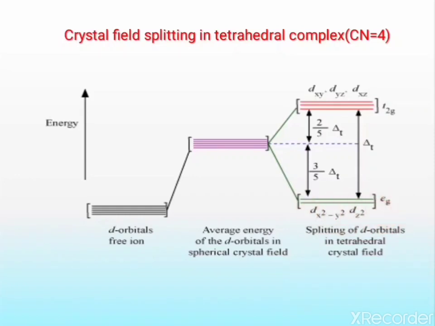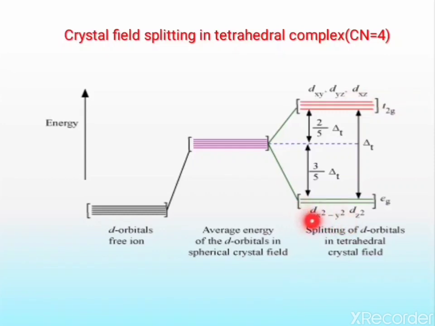In this figure, this is the d orbital of the free ion. This is the orbital in the excited state. When the ligand approaches the central metal ion, what happens? The dxy, dyz and dxz orbitals experience more repulsion from the ligand field, hence their energy increases.